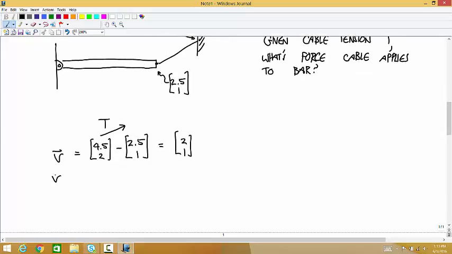The length of that vector is the square root of 2 squared plus 1 squared. So that's root 5. And now the unit vector is our vector v divided by the length. So it's equal to 2 over root 5, 1 over root 5.